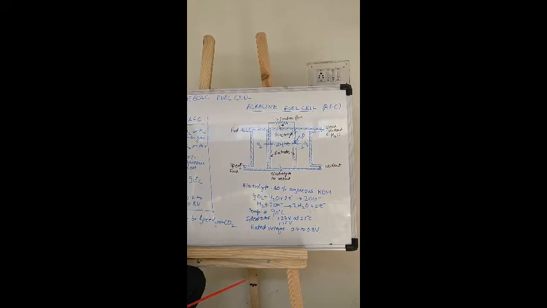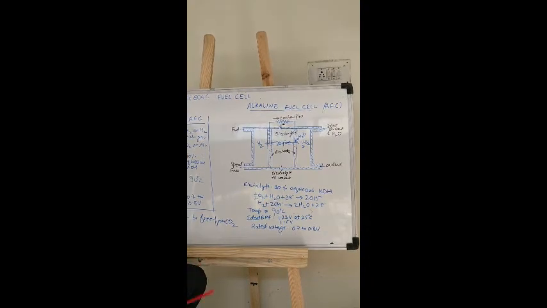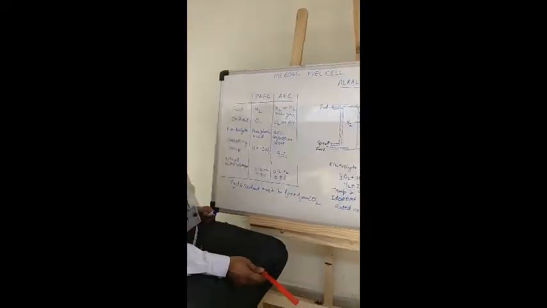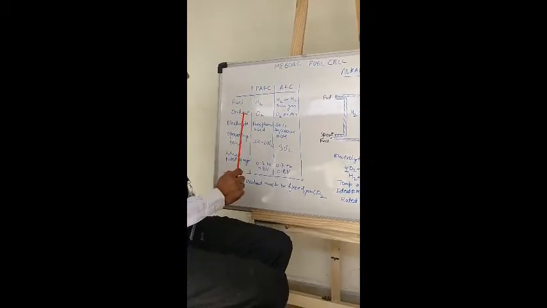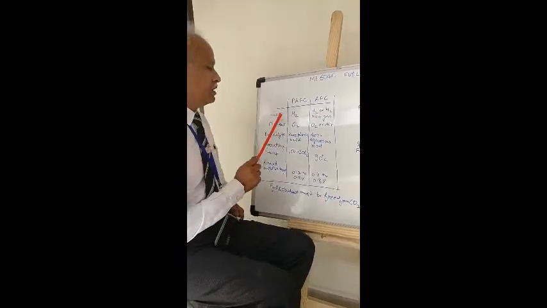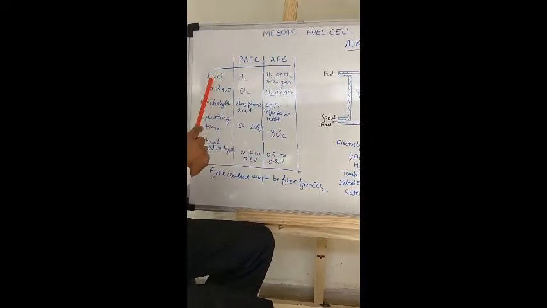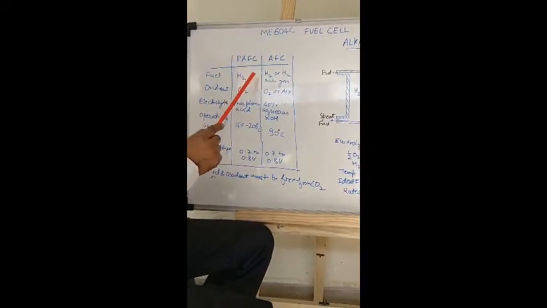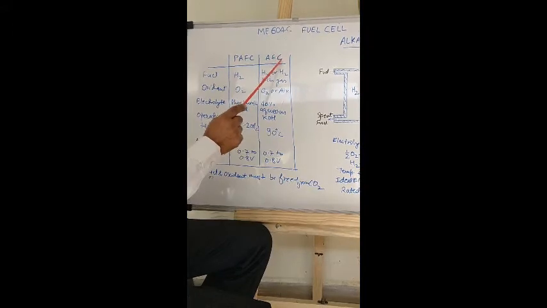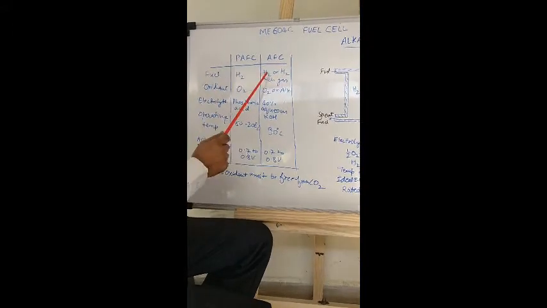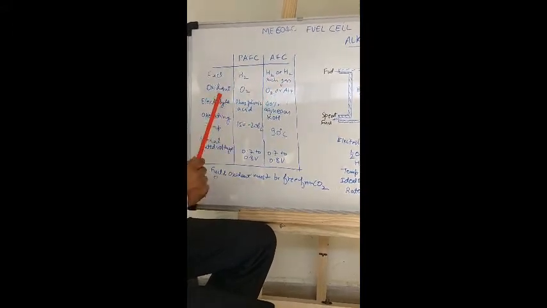Now you can see some differences between phosphoric acid fuel cell and alkaline fuel cell, which I have written here. The difference lies in the fuel. In case of PAFC, phosphoric acid fuel cell, the fuel is hydrogen, whereas in case of alkaline fuel cell, AFC, the fuel is hydrogen or hydrogen-rich gas.